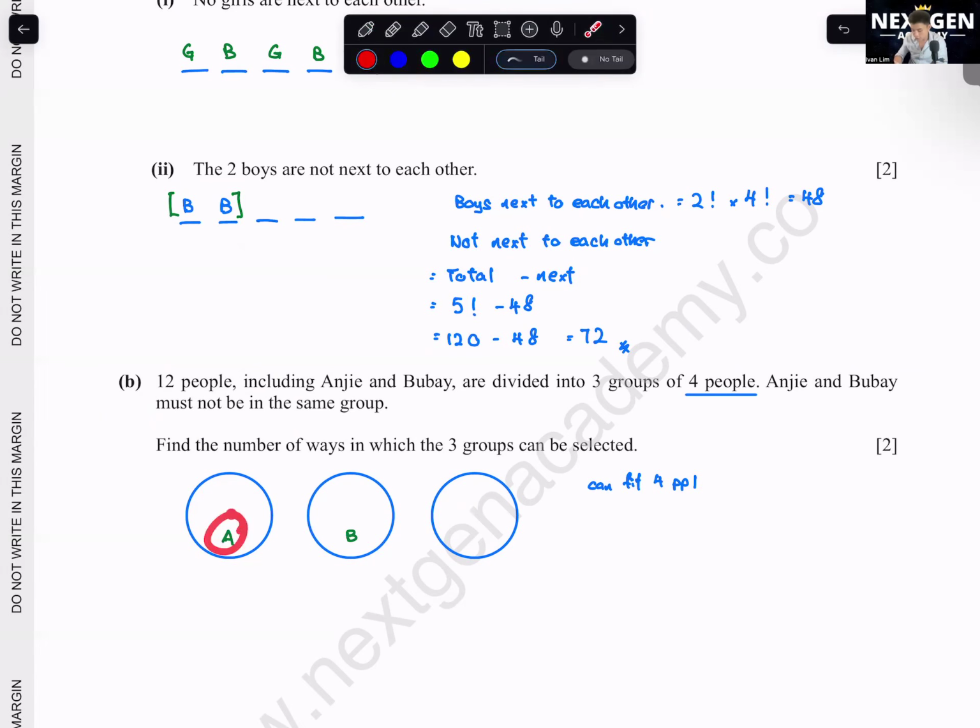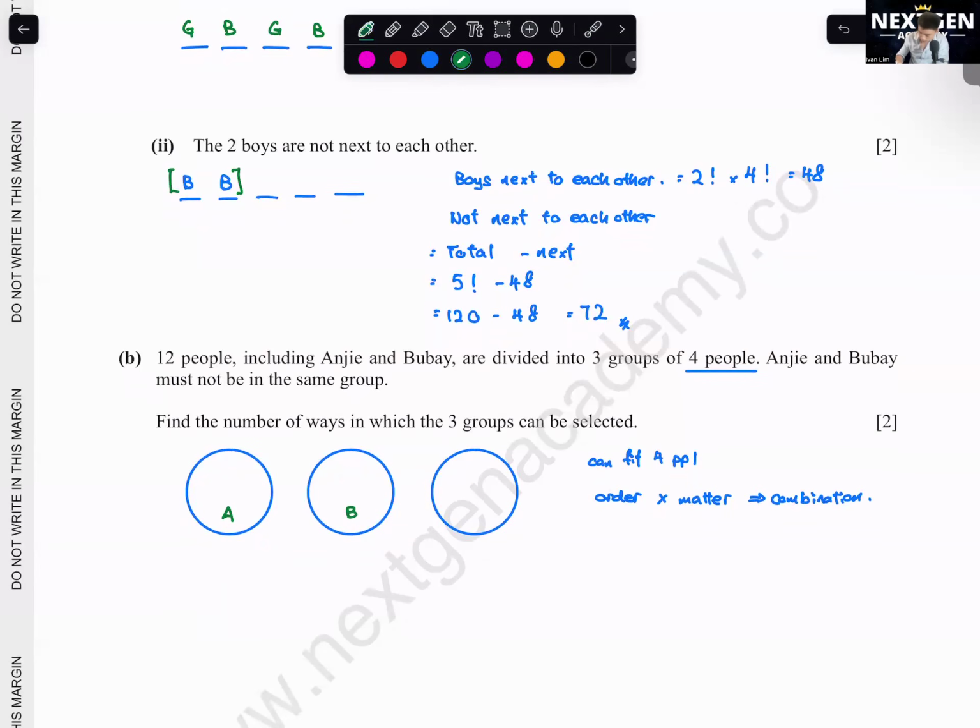So if Anje is here, we can only fit another 3 more people here. If Babe is here, we can only fit another 3 more people here. If A and B are already in their respective places, then the last one, we still got 4 more people. So since order doesn't matter, this is a combination question.